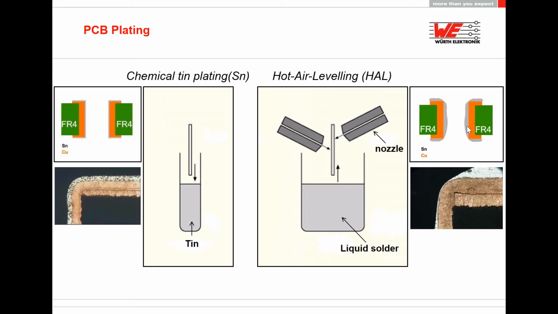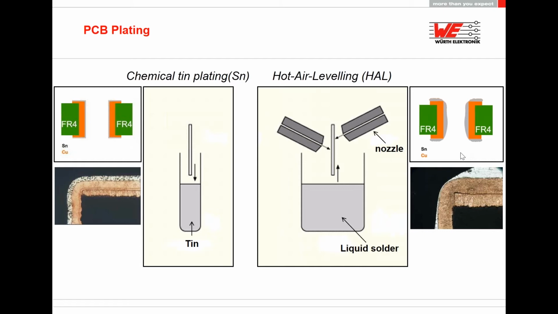And we can see here that the tin thickness is not constant. And if we get too much tin in the via, we press our pin inside the via, and we need to deform this area, and we remove this additional tin, and we create some metal chips. And we don't really want these metal chips on the PCB or in the production process.